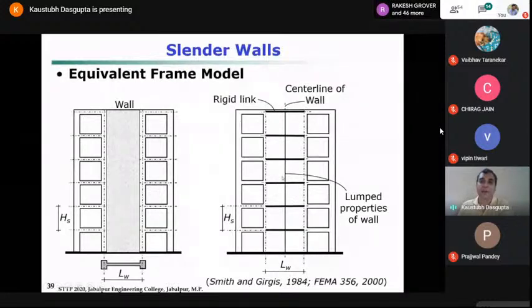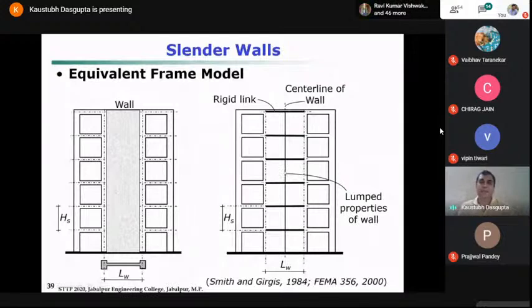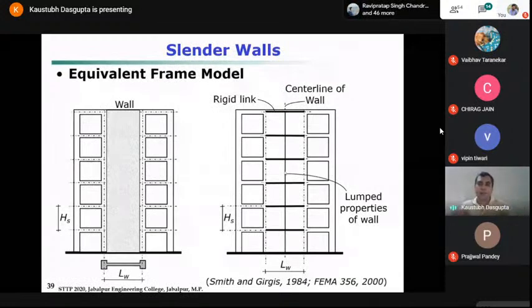The cross section of the frame element is given the same dimension as the wall. Sometimes when the wall has an enlarged boundary element, it looks like an I section, as we have seen. So you give the cross section of this frame as that I section.